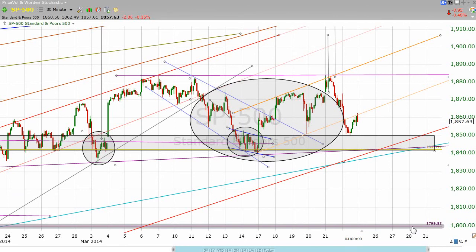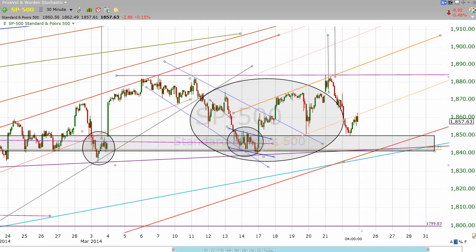I'm ballparking it here because, again, our neckline isn't perfect, but I would ballpark this somewhere in the 1790s to 1800s as a minimum downside target if these various areas of support break right here.